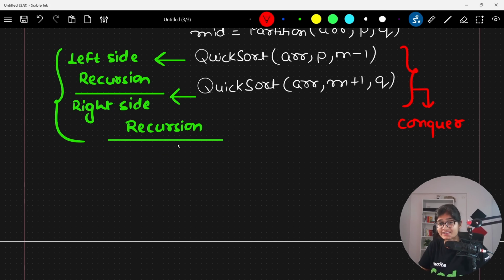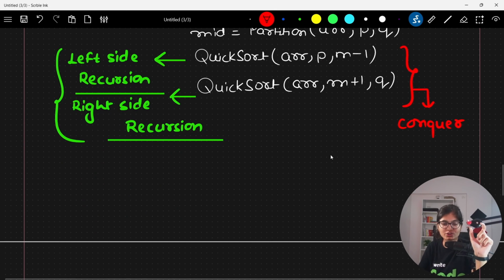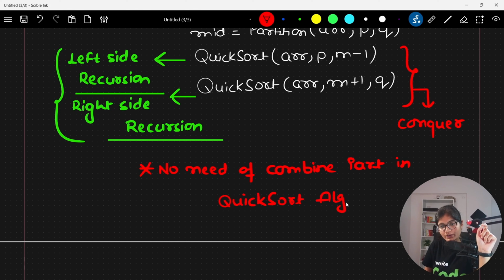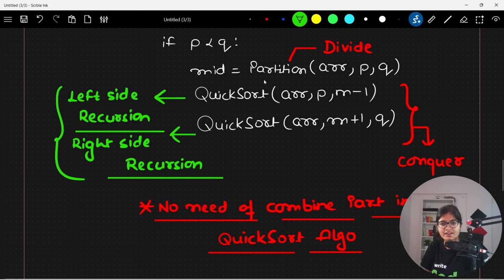And because the partition we are doing very smartly, there is no need of a combine part in the quicksort algorithm. That's why it is way smarter. So in this quicksort algo, we don't require a combine part because the partitioning that we are doing is in a very apt manner.